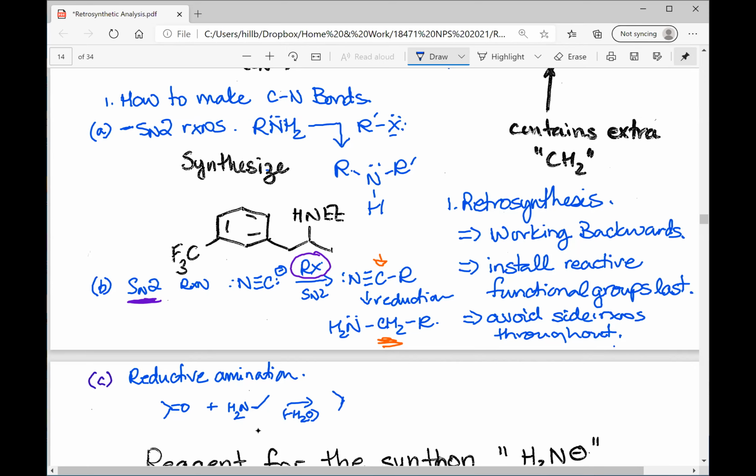You make your imine. Technically the reactive species in this reaction is the imine, and it is reduced with sodium borohydride or cyanoborohydride to your, say, secondary amine.